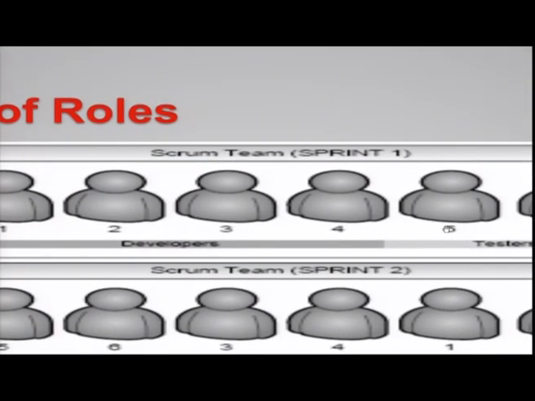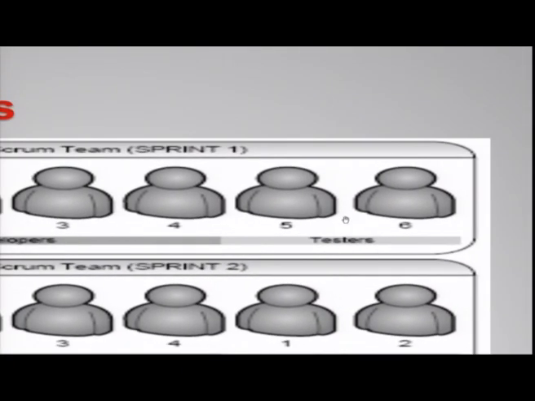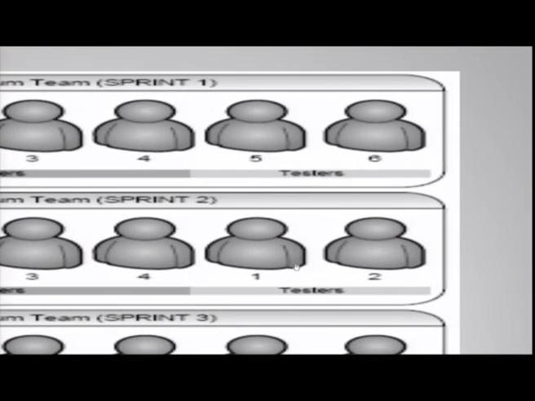There are 6 members, out of which the first 4 are developers, and 5 and 6 are testers in sprint 1, whereas in sprint 2, 5 and 6 have come to the development side. They start their coding work, 5, 6, 3, 4 start coding, and 1 and 2 become the testers, that is sprint 2.